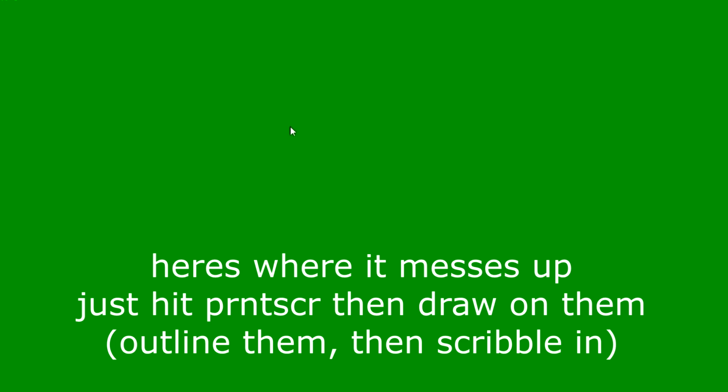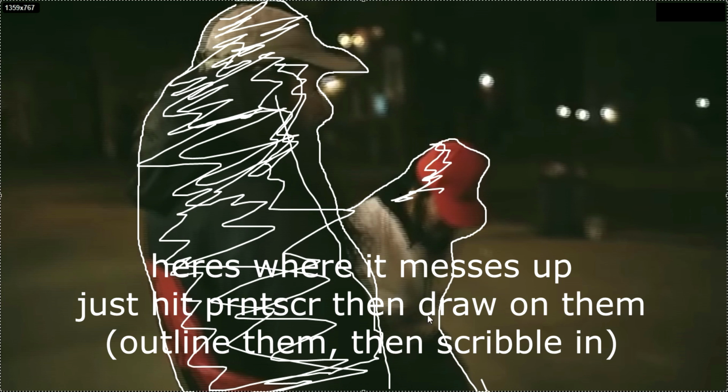So I'm outlining Puya, and then I'm just gonna scribble in all or whatever I want of him, and it'll give me the same effect. Same with this guy. I'm just gonna outline him and then scribble him a little bit. Okay, and then that's our first picture.